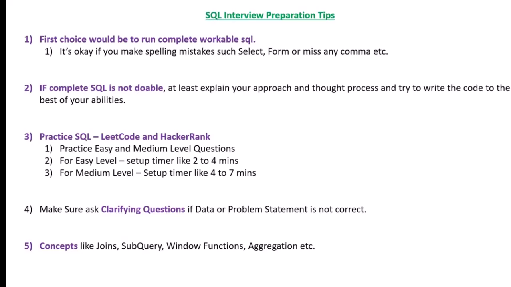Similarly for medium level questions, try to solve the problem within 4 to 7 minutes. Sometimes you know how to solve the problem, but if you're taking more time, then it would not serve the complete purpose. So always set up a timer: 2 to 4 minutes for easy and 4 to 7 minutes for medium level questions.